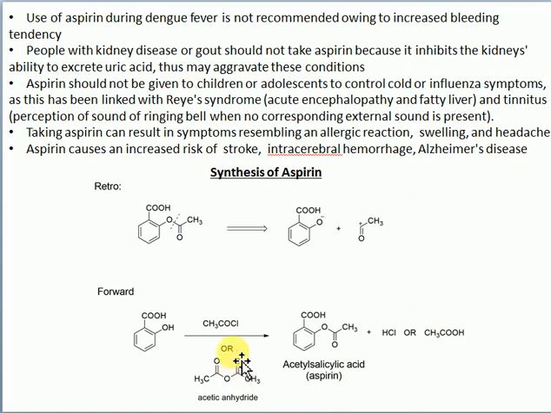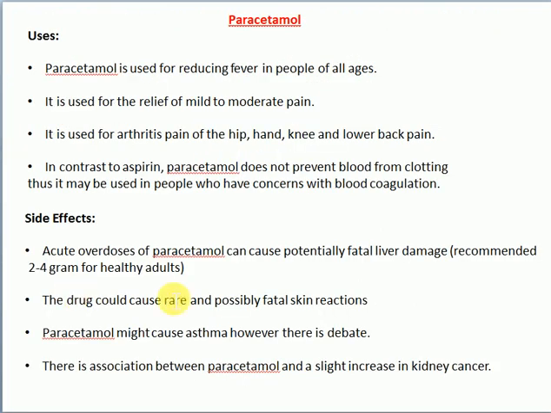Okay, so next we will study paracetamol. It is a widely used antipyretic agent. Antipyretic agent means those which are used to reduce fever, and it also acts as an analgesic.